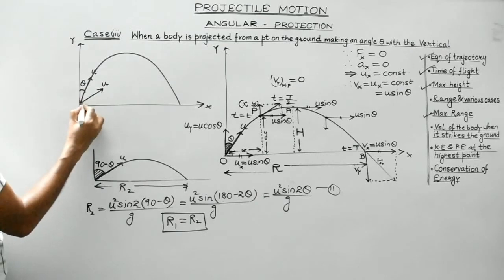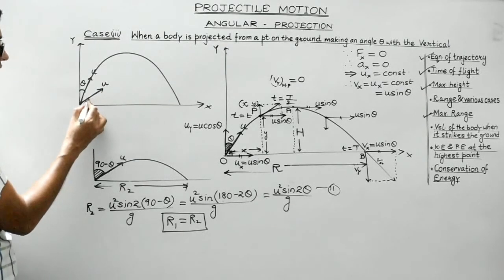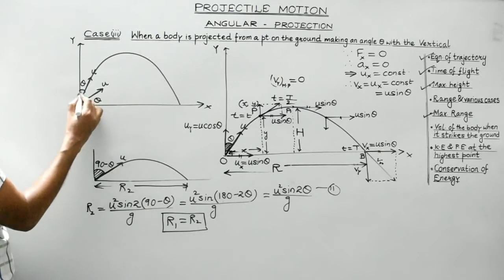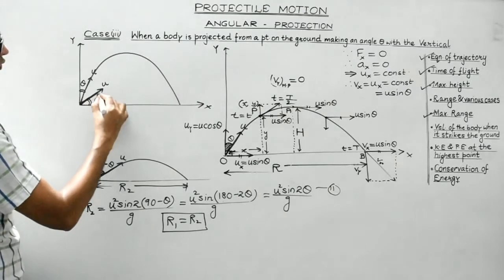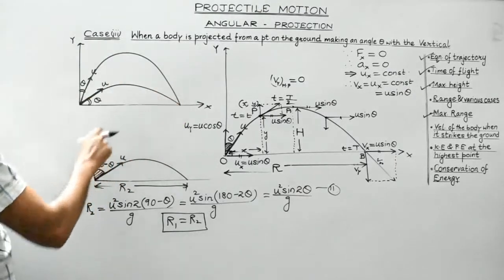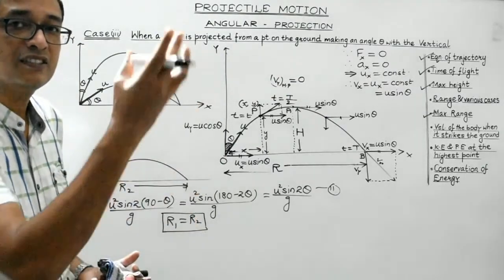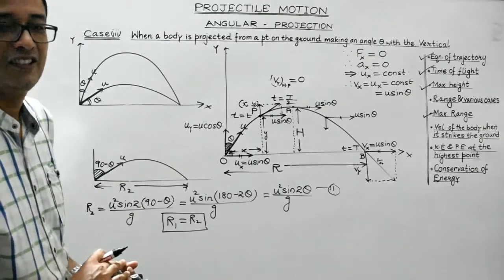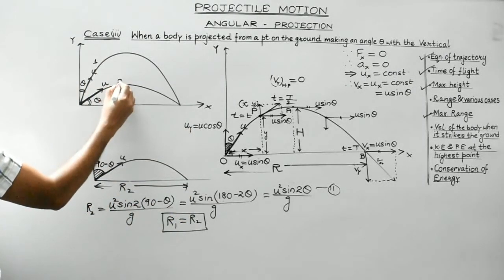So if this velocity vector is making an angle of 90 minus theta with the vertical, it means that it will make an angle theta with the horizontal. So these two angles are same. So here also we are able to prove that the range in the second case is exactly the same as was in the first case. Clear? This was case 1, this was case 2.